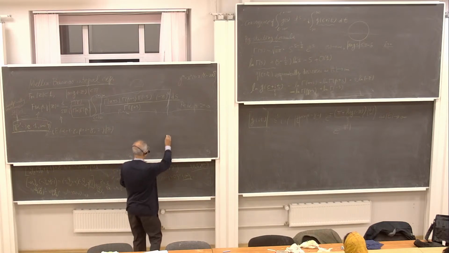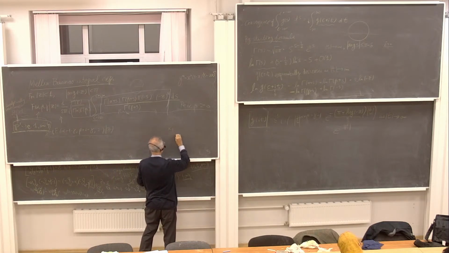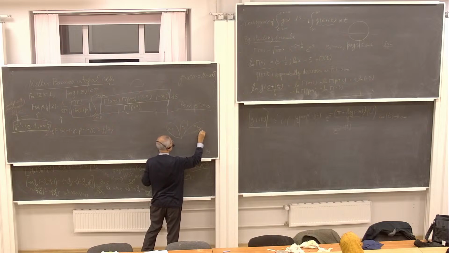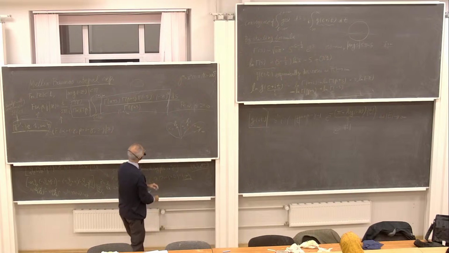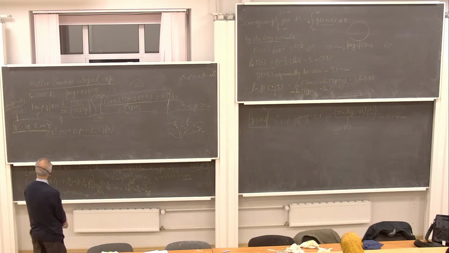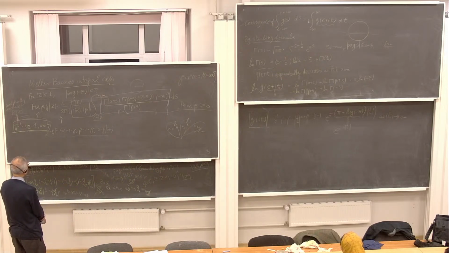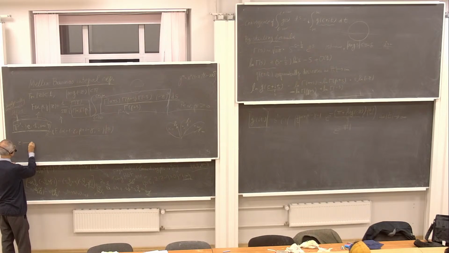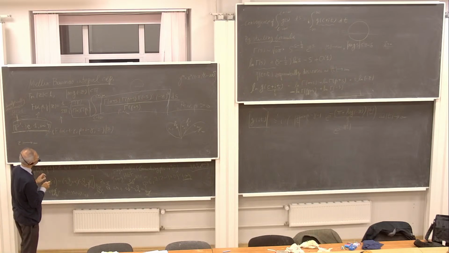So that is equivalent to saying I had 3 loops. So now let us consider what happens as z tends to infinity.